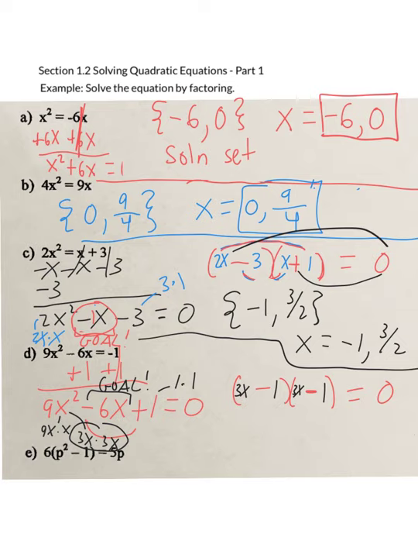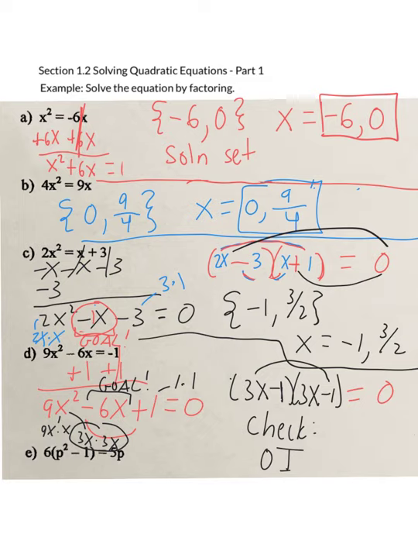But I currently have 3x minus 1 times another 3x minus 1. Let me write that a little bit better. My first guess here is 3x minus 1 times 3x minus 1. So when I check that by doing the outer and the inner, the outer term is 3x times minus 1, which is negative 3x.